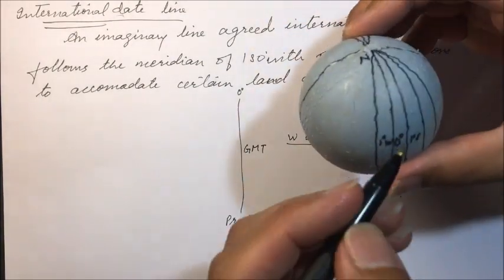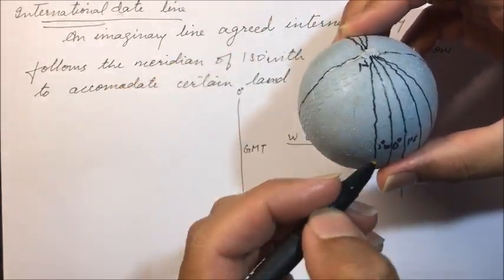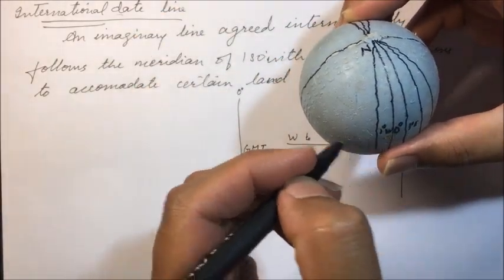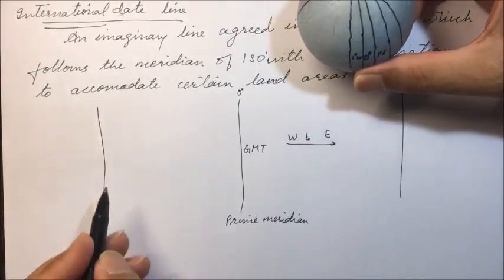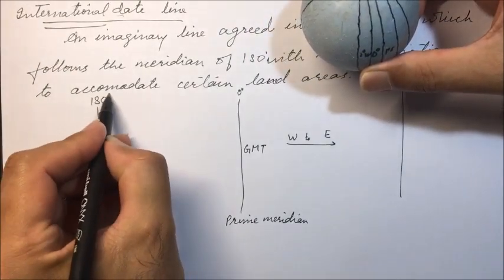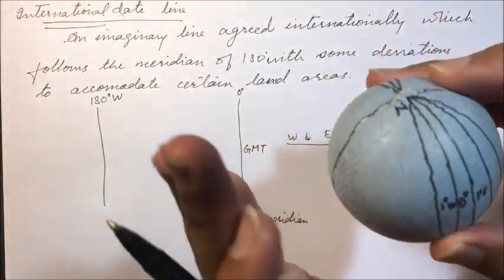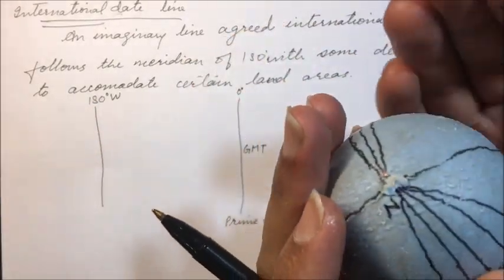Now if we move westward, from east to west, we get 180 degree west. Now see here, these two lines are the same.